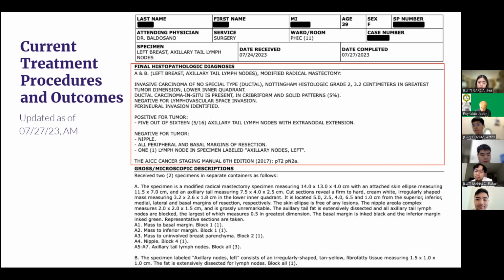Okay. Do we include radiotherapy? The question is, what are the additional treatments? Adjuvant means after the operation. What are the other treatments that you would recommend to this patient after the operation?